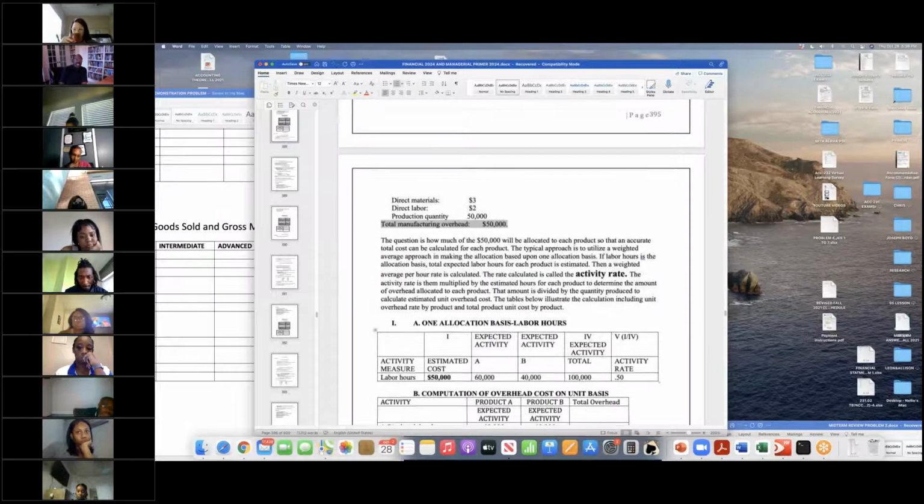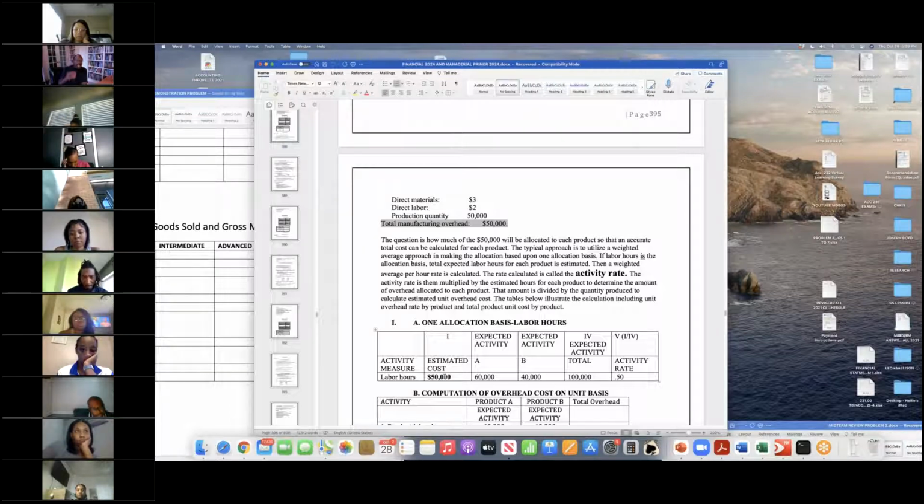So we come up with an activity rate. You've got this formula, and we're only using labor hours. You can use more than one way, but we'll just focus on labor hours, where our estimated cost is 50,000.